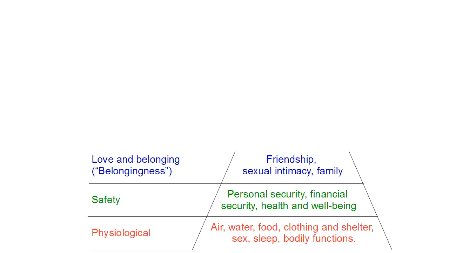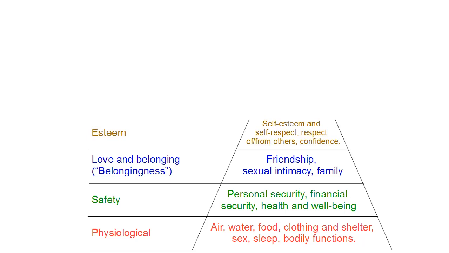The next level is love and belonging, which he called belongingness. These are things like friendship, sexual intimacy, and family. They're the things that make life worth living, the things that make life good. At the next level, we have esteem.